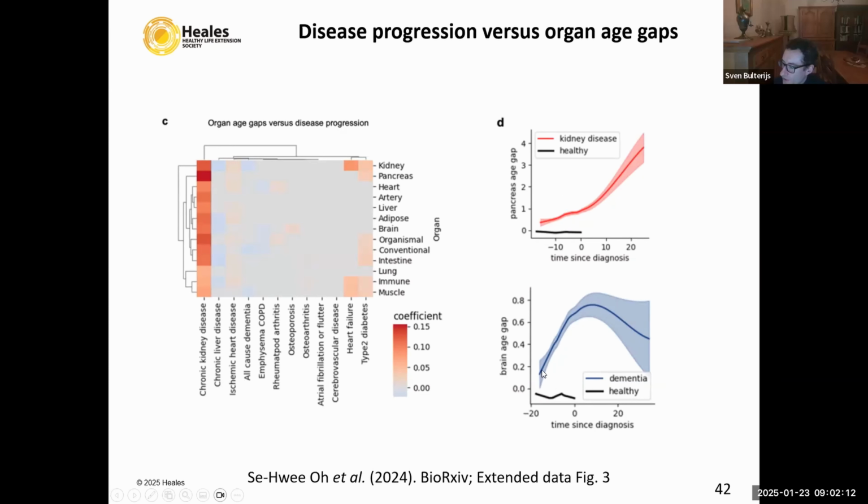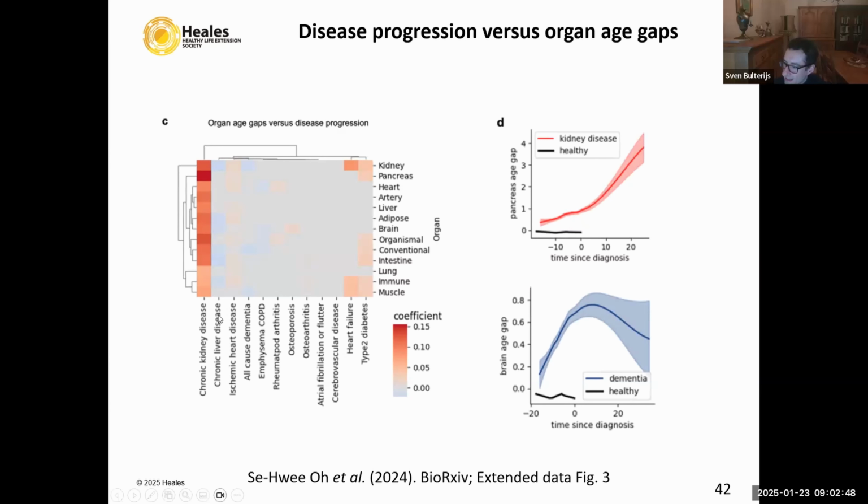But if you look here at dementia, it stops doing that. What they are basically saying is that the brain age clock is predicting if someone is going to develop dementia, but once you have dementia, it doesn't predict how fast the dementia is going to go. But that makes it, of course, interesting if you can predict the dementia before it occurs. That's much more interesting than the progression rate of dementia, probably. So that's maybe a good thing.